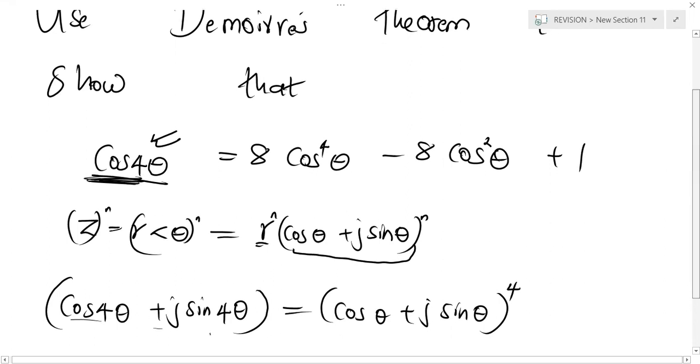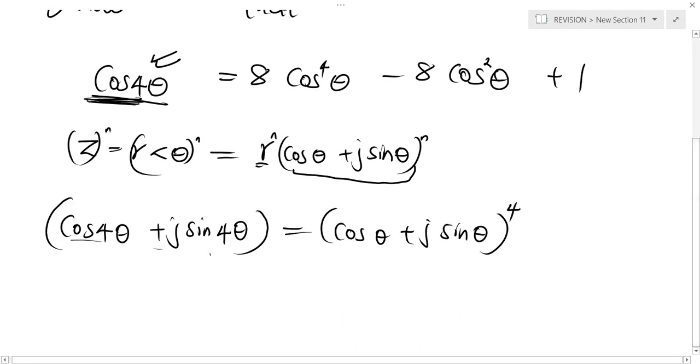Now, let's evaluate this using the binomial theorem.